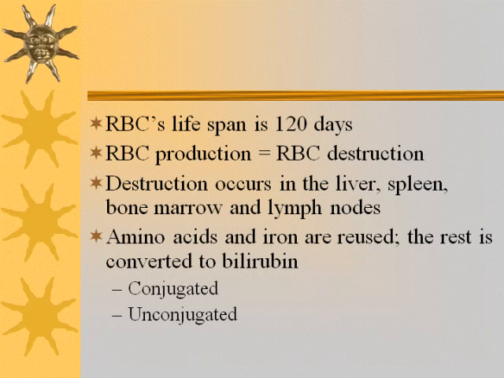But just remember that your body actually reuses certain amino acids and iron from destroyed red blood cells, and the rest is converted to bilirubin and supposed to be broken down in the liver, which is why patients who have liver problems, their livers aren't functioning appropriately, will sometimes become jaundiced.